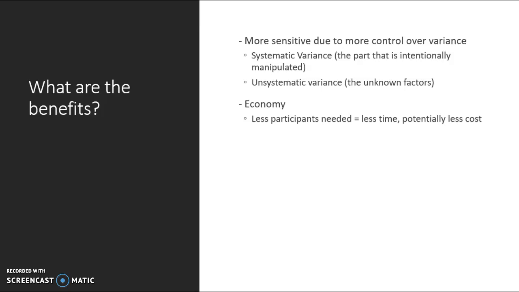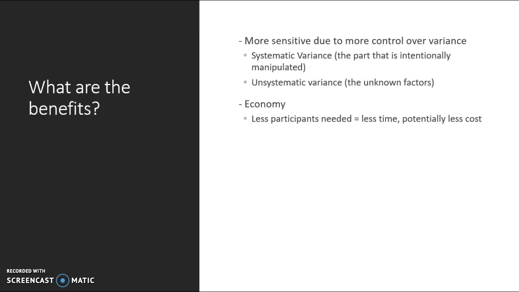We can control for, say, one group might have had more females, and that could affect your outcome, or the second group may have a couple of people that are just super sensitive to medication, and that can be a factor. So by using the same group of people over and over, you could better control for those types of factors. It also is more economical.